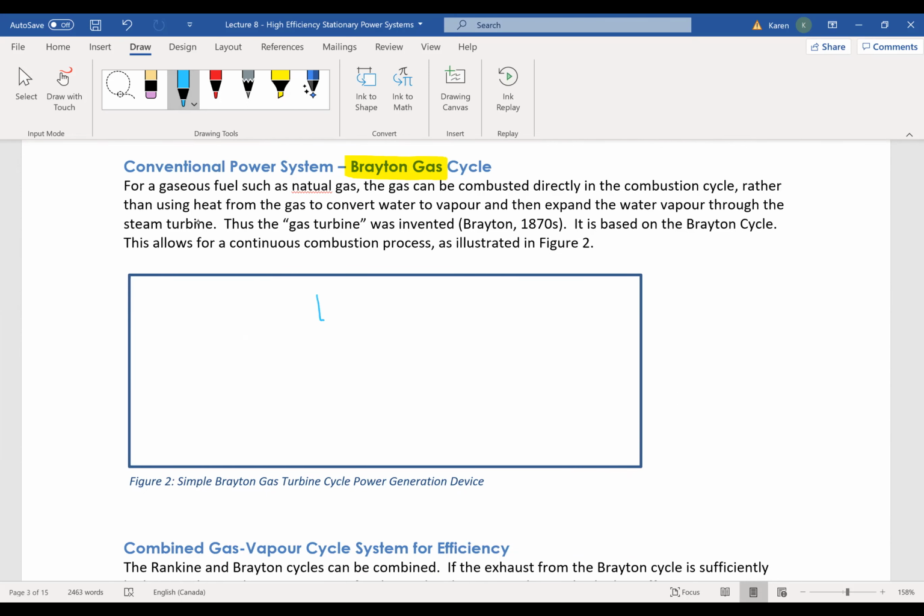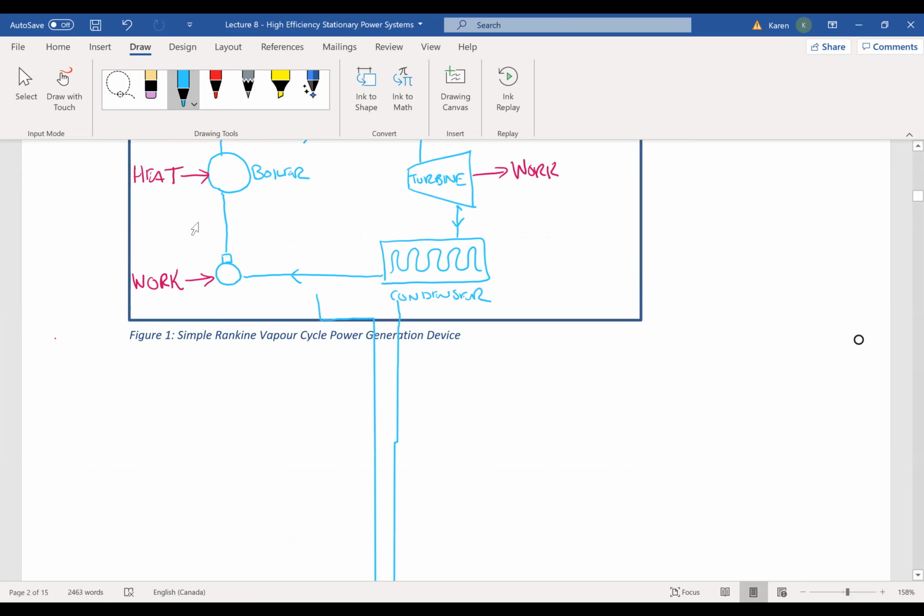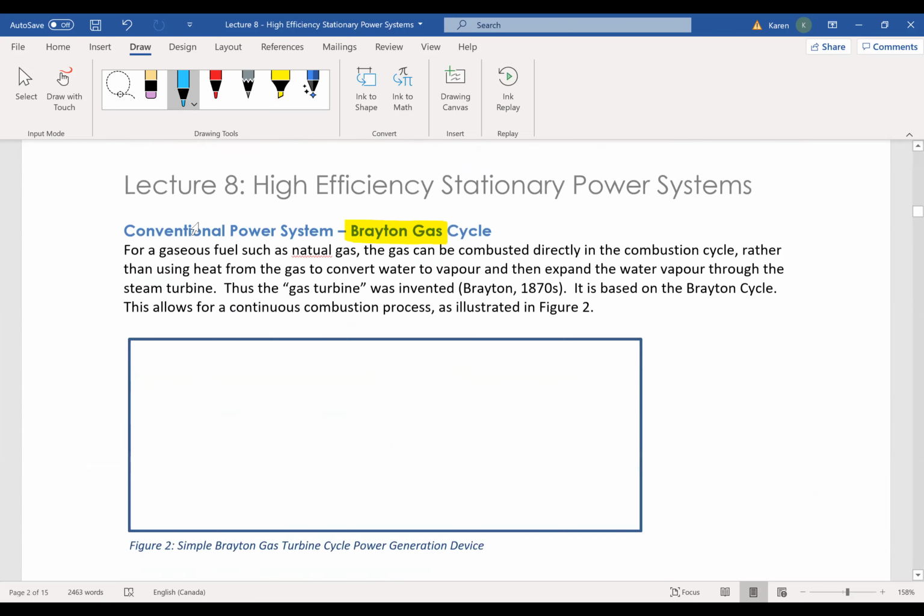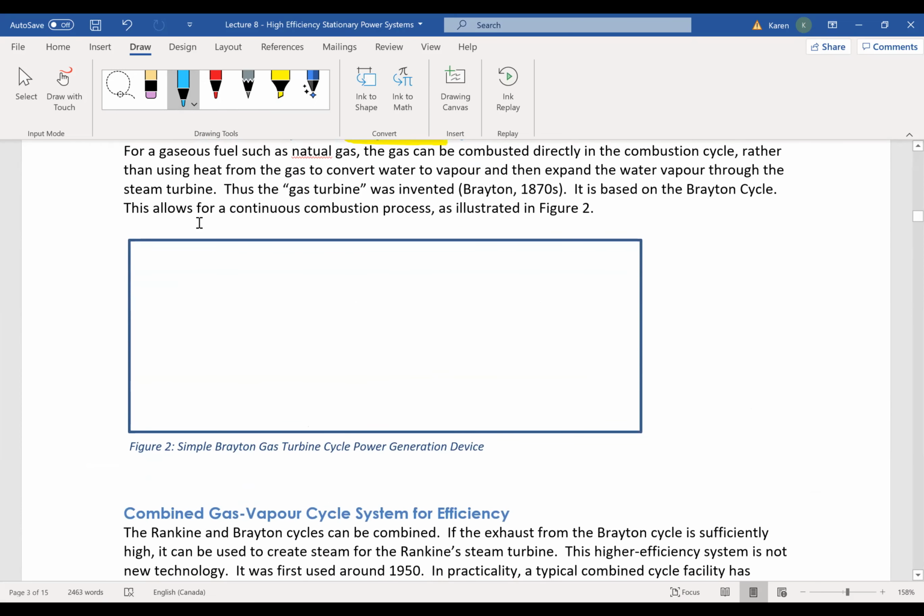So in a gas generator, we had a combustion chamber, or a combustor. I like drawing it like this. So it's combusting. I'll call that a combustor. And then directly from the combustor, you would drive a turbine, but in this case, it's a gas turbine.